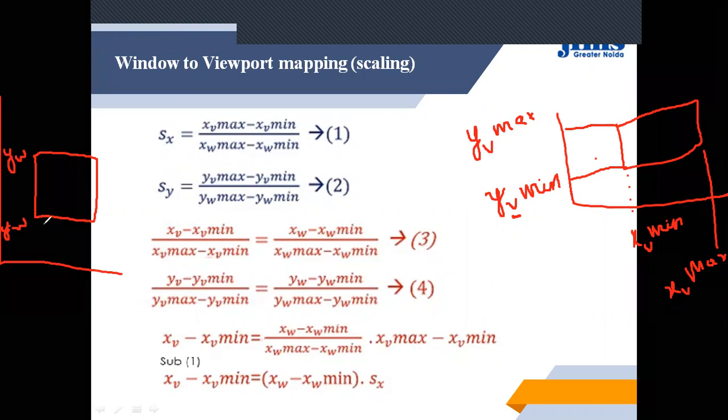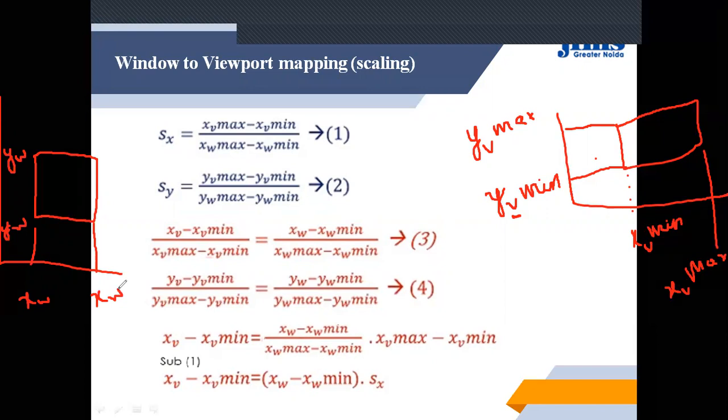On the x-axis, the lower point will be XW min, and the maximum will be XW max.